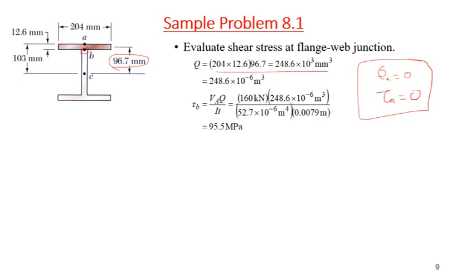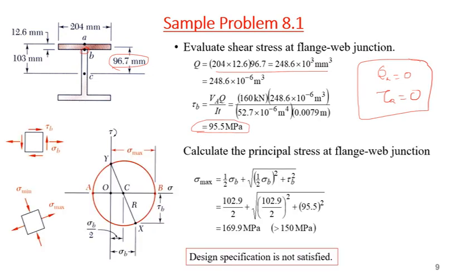Q, called calculator I from the appendix C, and the thickness of the web is 0.079 millimeter. So tau B is 95.5 megapascal. Now we have to calculate the maximum shear stress.